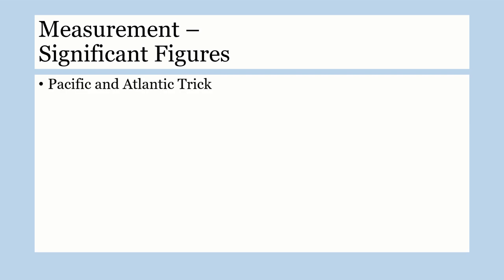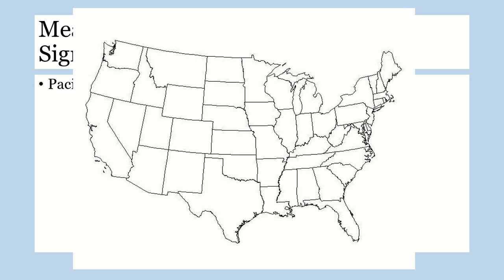Now, if that was a little confusing to you, you can also just remember what is called the Pacific Atlantic trick. So if you look at a map of America, this is a map of America. If we think about the Pacific Ocean as being over here and the Atlantic Ocean being over here, the way that this works is if the decimal point is present, you start counting on the Pacific side.